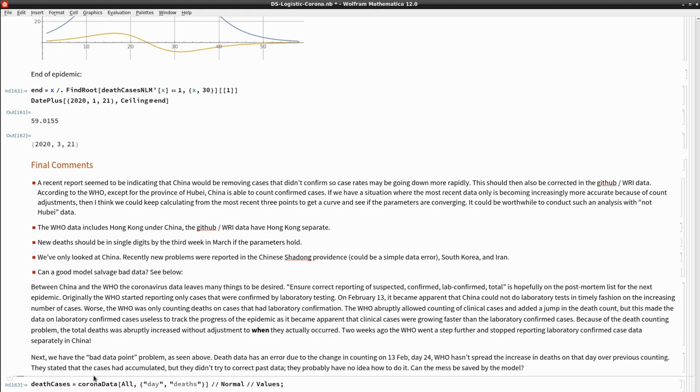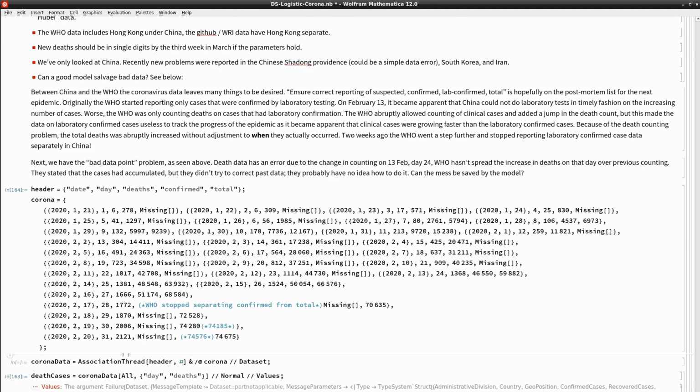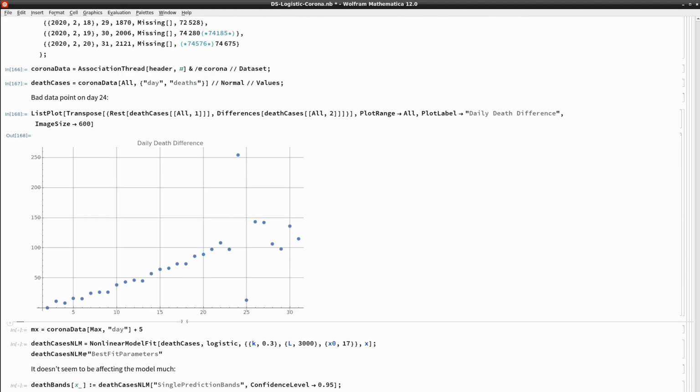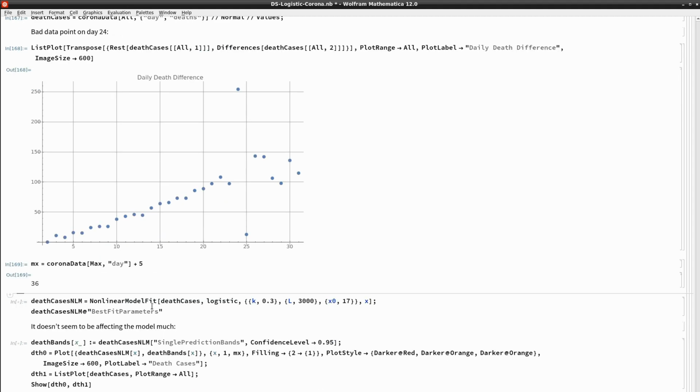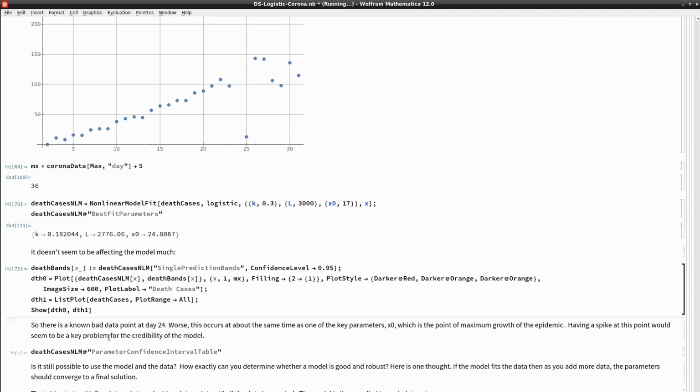So let's take the death cases again and let's evaluate our data expressions, and let's look at the daily difference in the deaths. And we see here's the data jump. So now it's an interesting question to see if the parameters converge over time.